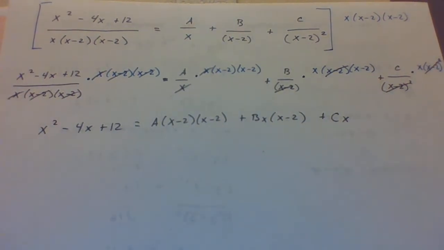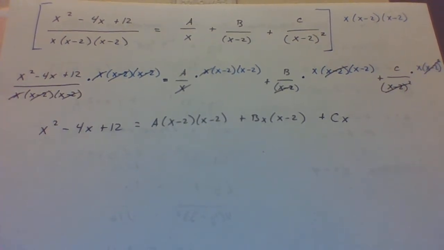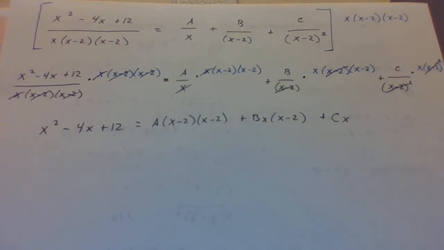Now remember that we eventually want to solve for a, b, and c, so let's be a little bit strategic about how we do that. There are a lot of different ways you can approach this part of the problem. One way we can do it is to pick an x value.